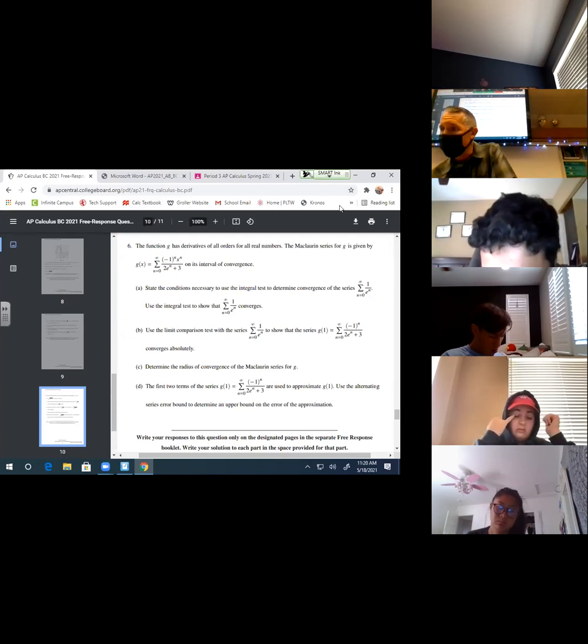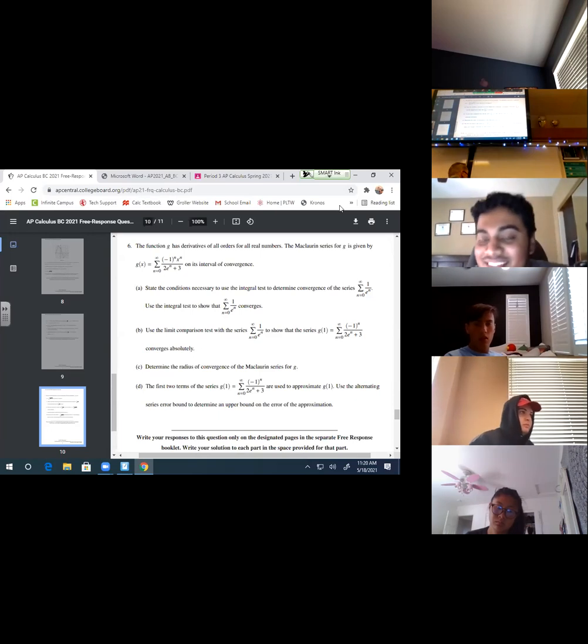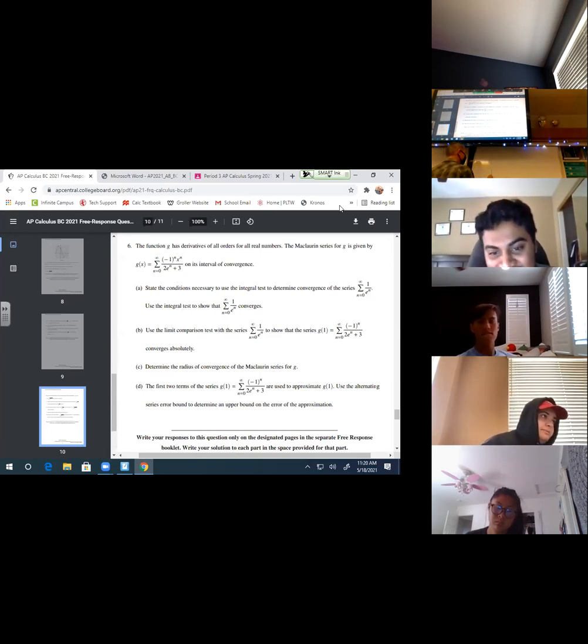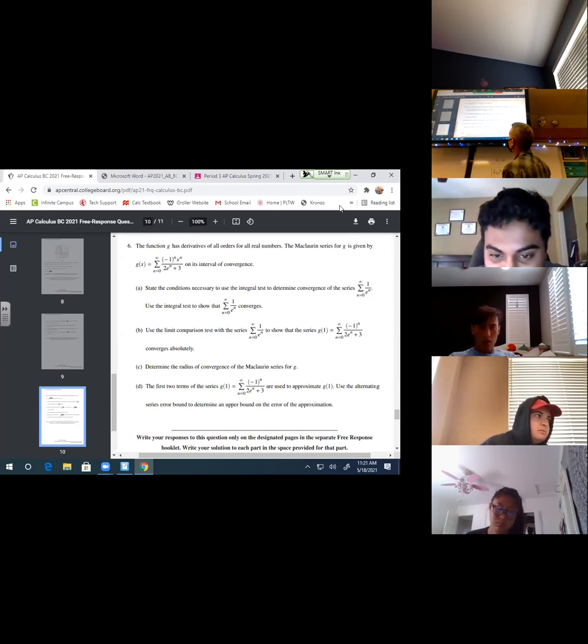I'll show you what he has here, but the error is just how you always write error: the absolute value of the function minus whatever you're using to approximate the function. This is error. So in this case, what are we using? The first 2 terms of g of 1.